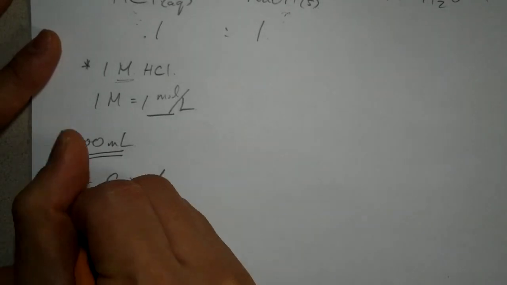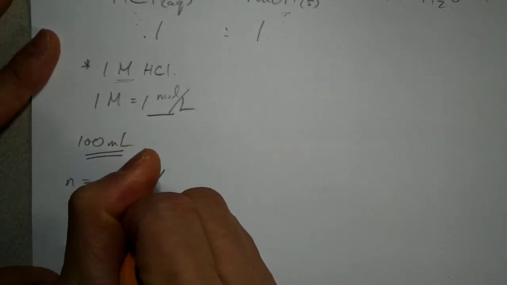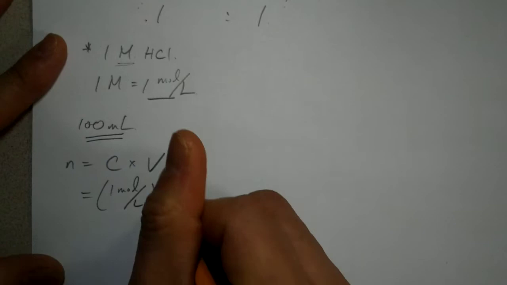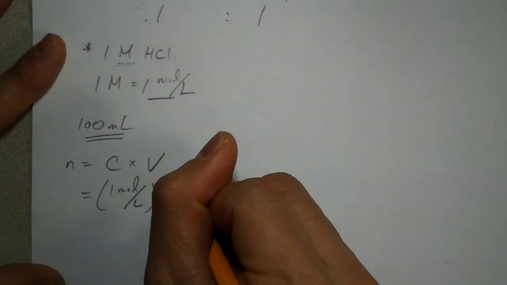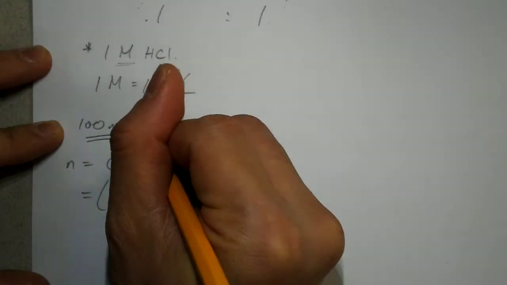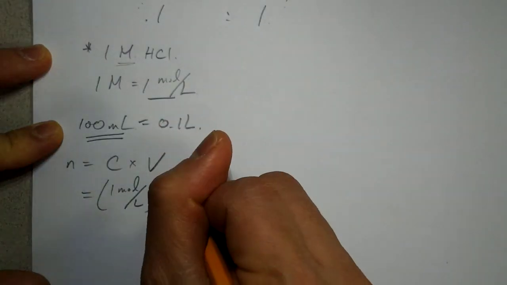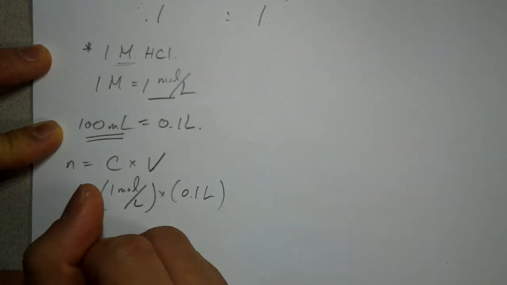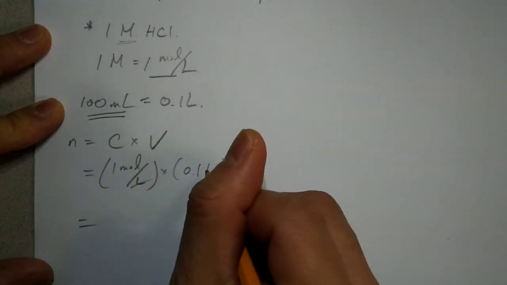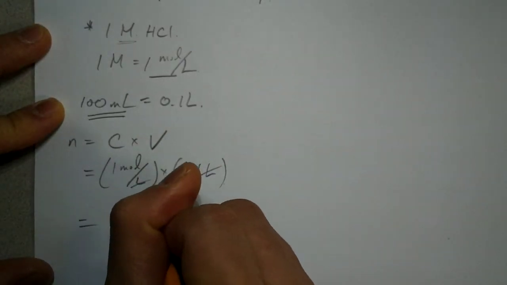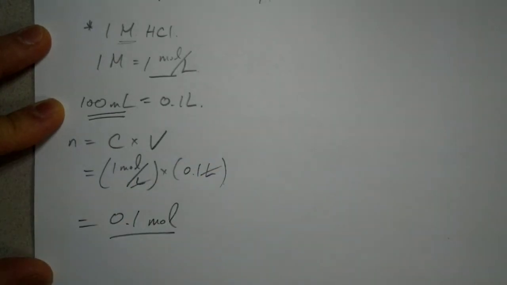Concentration is 1 mole per liter. 100 milliliter is the same thing as 0.1 liter, so this cancels out and it is 0.1 mole. Good so far? Questions?